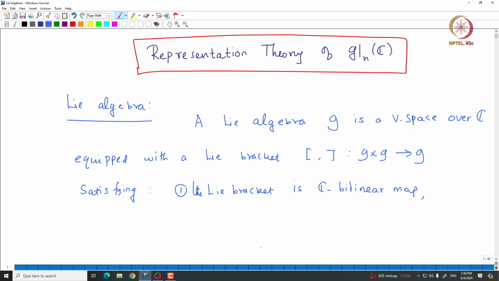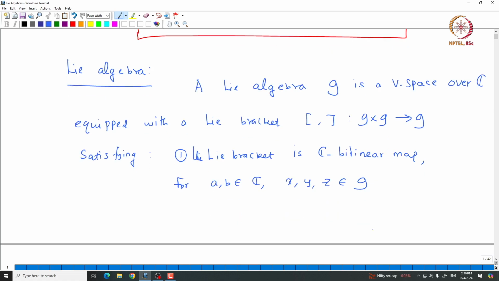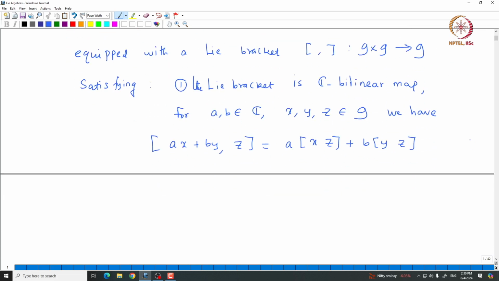That means whenever you take scalars a, b in C and x, y, z in G, we have, let's look at how it acts on the element ax plus by and then take bracket with z. Then it is linear in the first variable. So this gives a times the bracket xz plus b times the bracket yz. So this is what linearity in the first variable means.